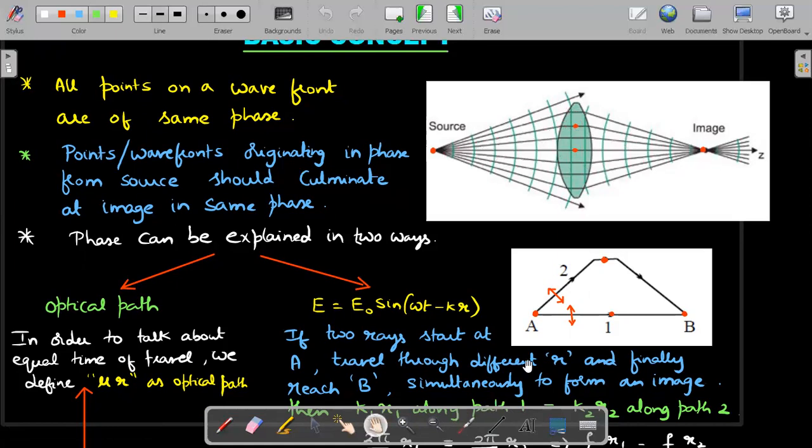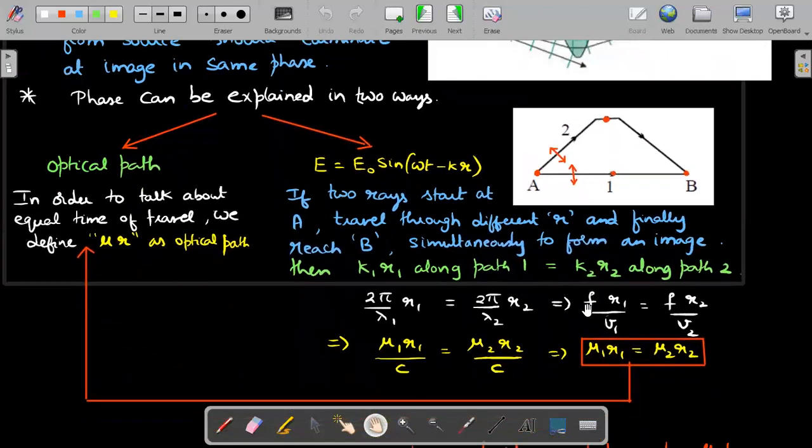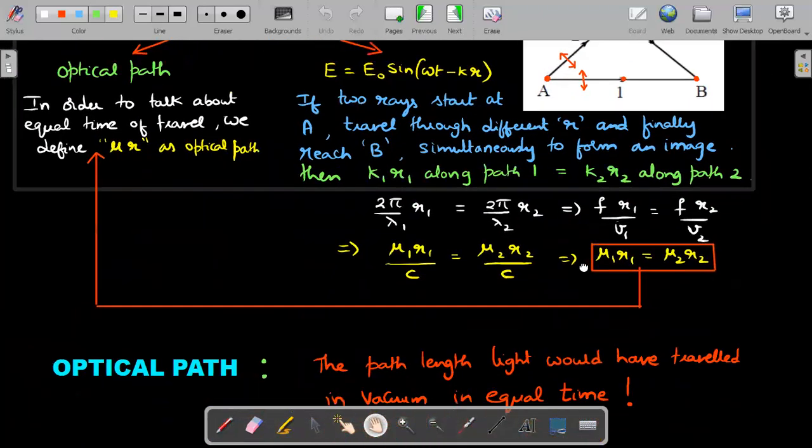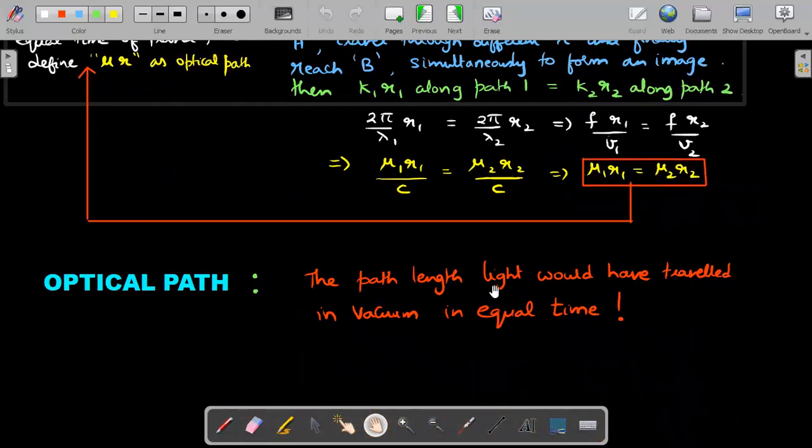So this is the basic understanding of why we always define optical path. So finally, what we conclude: the path length light would have traveled in vacuum in equal time is defined as the optical path. If R1 is traveled in the medium mu1, then in the same time mu1 R1 would be traveled by that particular ray in vacuum. So that is the basic understanding of optical path.